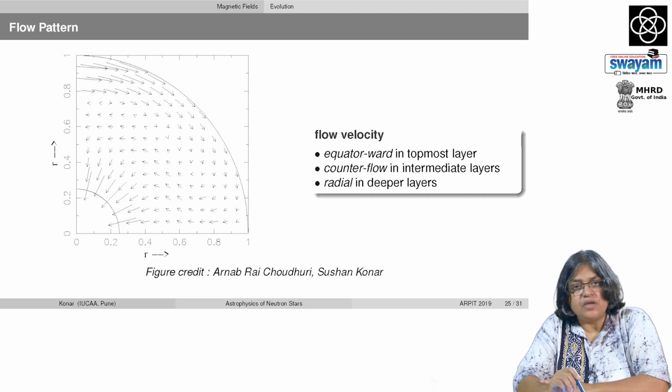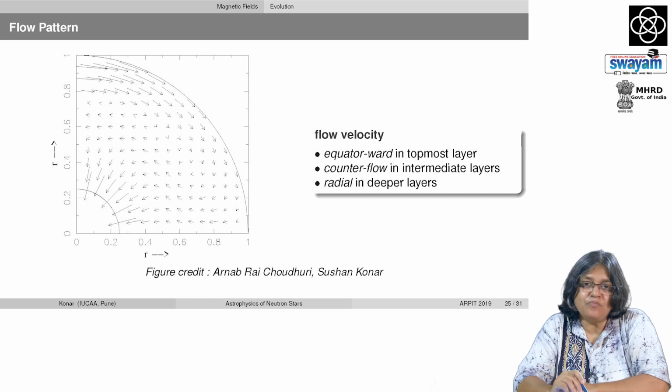Now, this is a very schematic description of the material flow in a neutron star, and as you can see, the dimensions are all wrong. The crust has been shown as much thicker than the dimension of the core. This is simply to describe the nature of the material velocity.